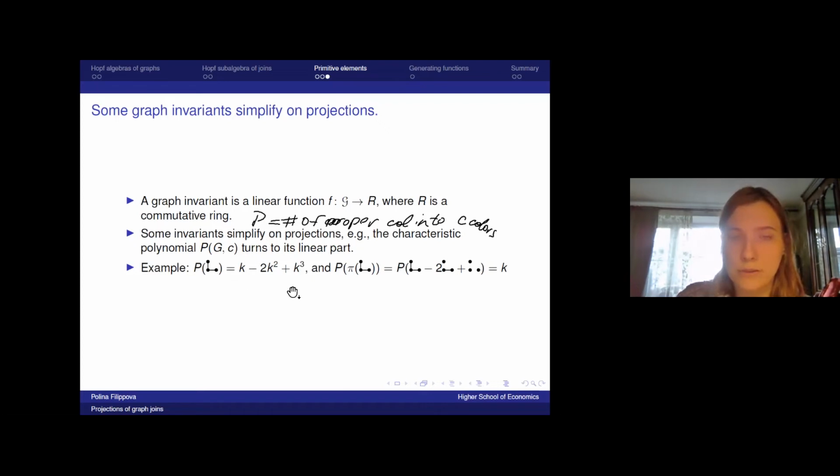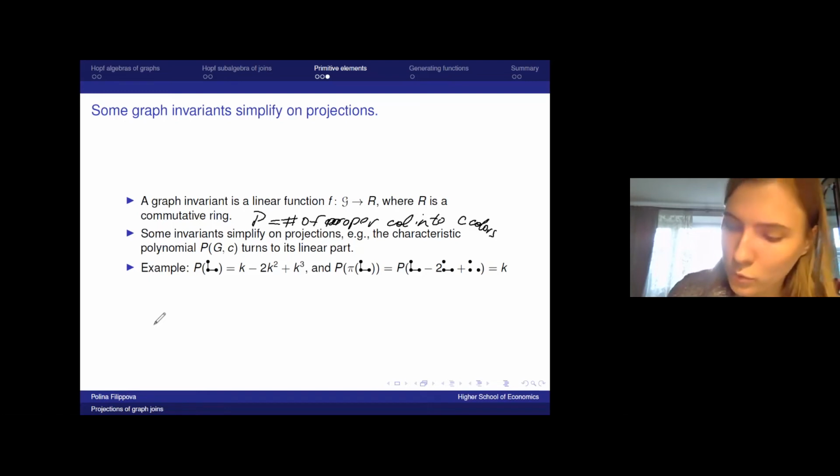Its chromatic polynomial is not linear, it's a polynomial, but when we take its projection, it's easy to check that it's just a linear part. And there are other invariants that simplify, and it's an important reason because we want to know more about primitive elements and about computing them.